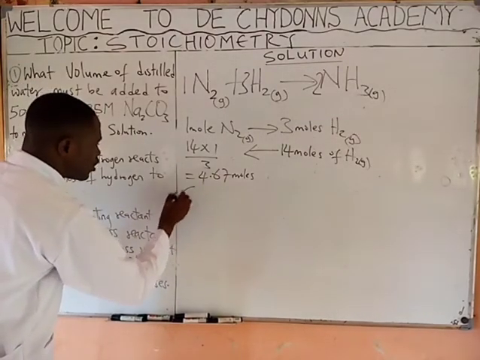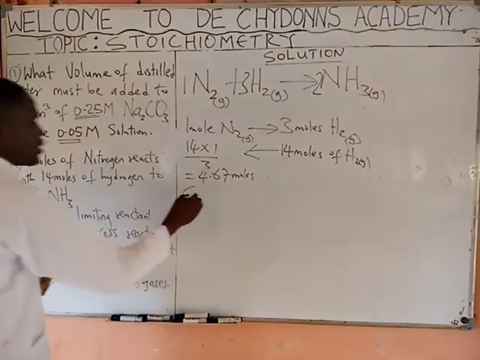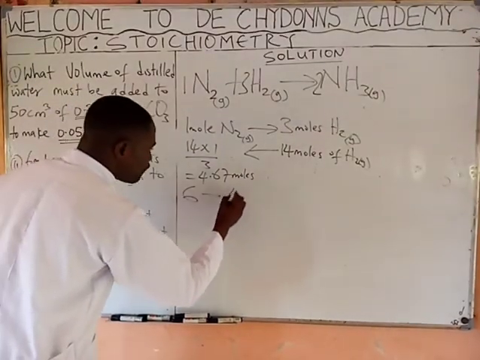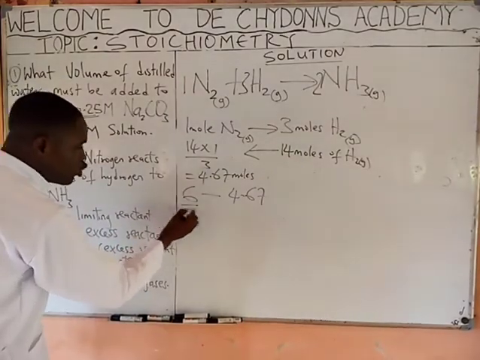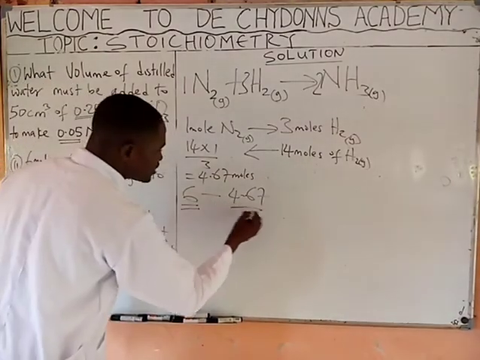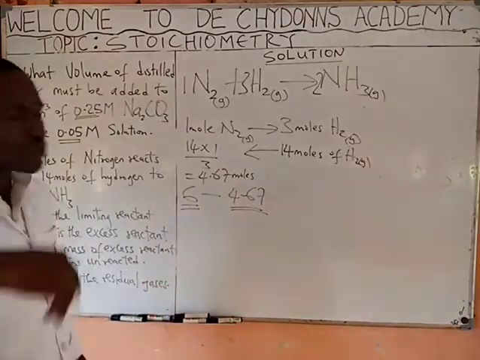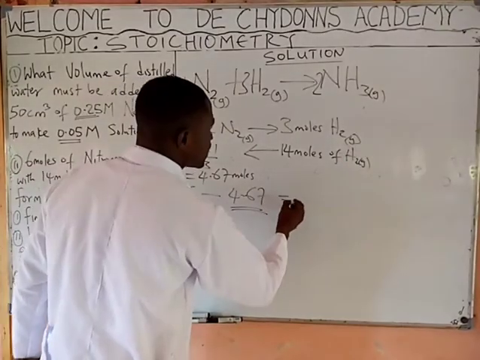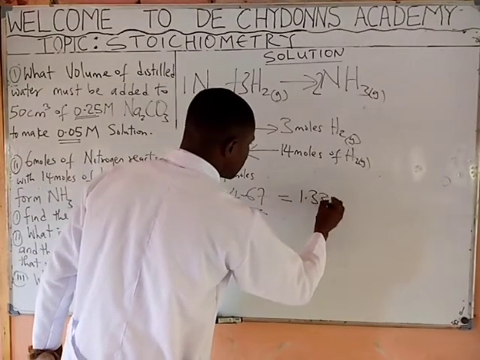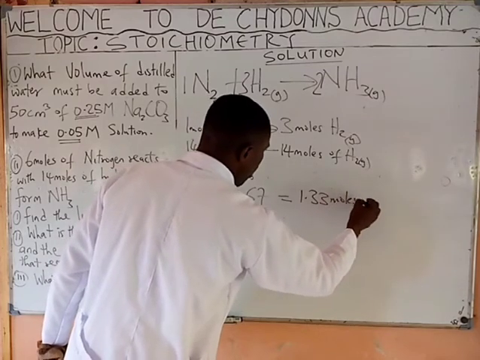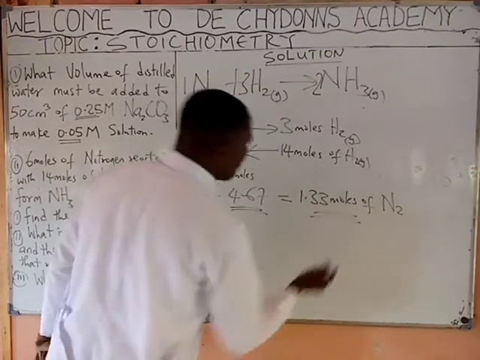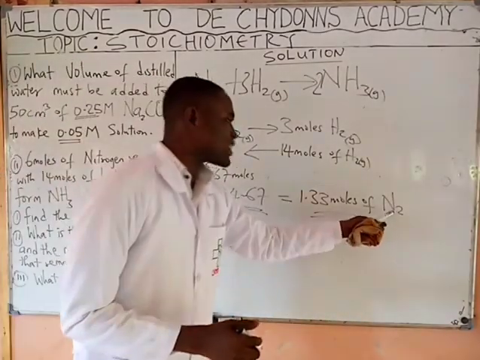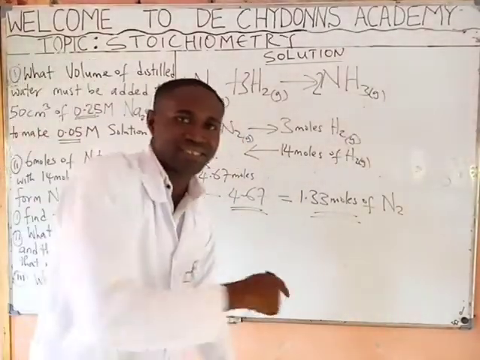But he's supposed to use 4.67 moles. So the 6 moles that he used should subtract the 4.67 moles that he's supposed to use. That will be giving us 1.33 moles of nitrogen gas. So this is the amount of the excess reactant, which is nitrogen, that is in excess.